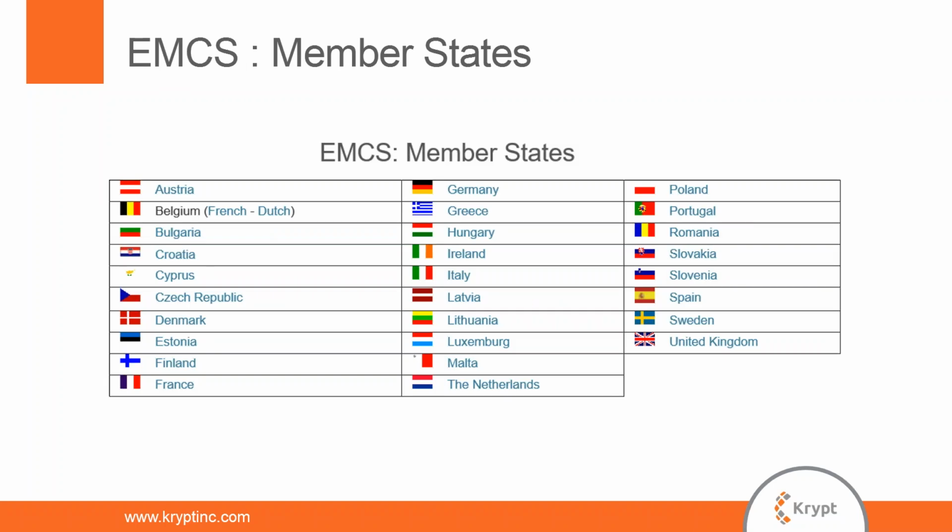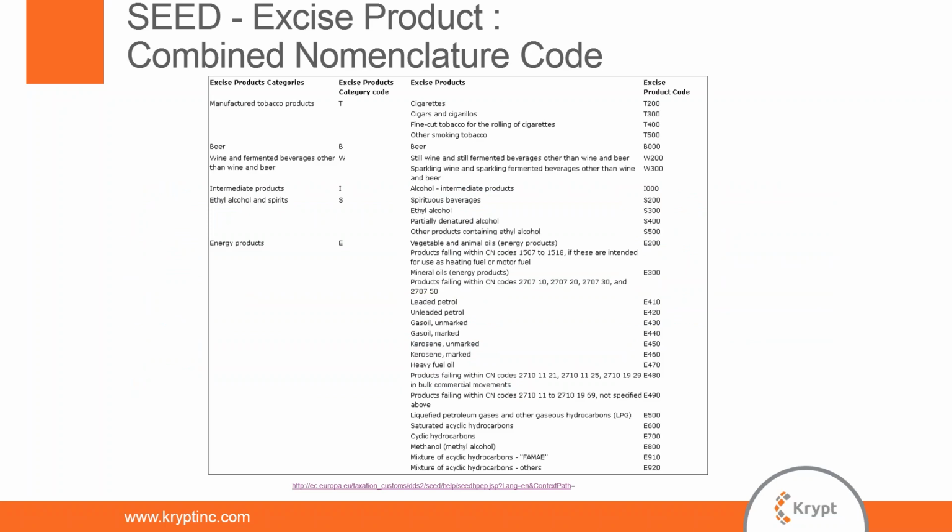So here's the list of all the European member states who have signed up for using the Excise Movement and Control System. So it involves mostly all the European countries. For every product, there has to be a combined nomenclature that is provided by the member state.